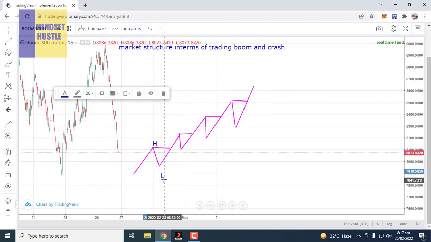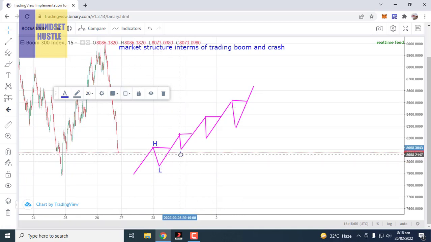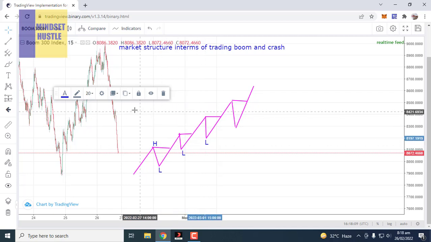All right, so the lower point where the market turned over here is the low at that point. Then we have another high formed above, another low formed above, and another low also formed above here.